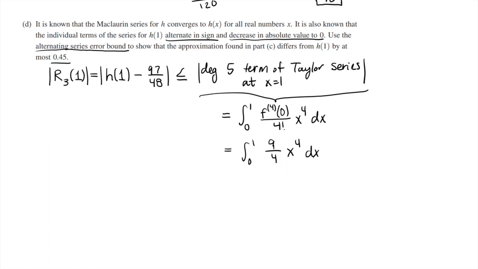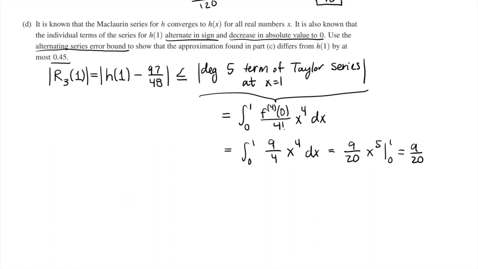Now we can actually compute this. Finding the antiderivative, we increase the exponent by 1, so that's 5. We divide by that new exponent, so we get 9 over 20 x to the fifth from 0 to 1, which is 9 over 20 minus 0, so just 9/20.